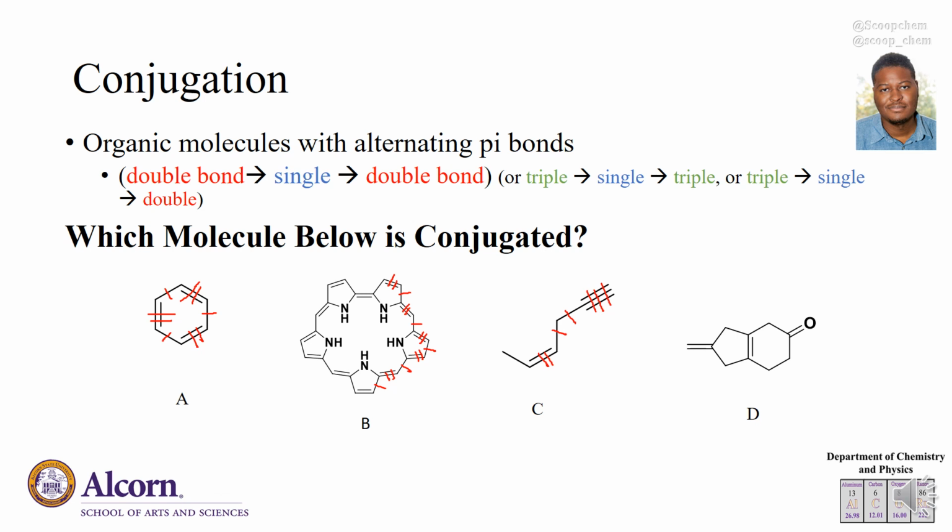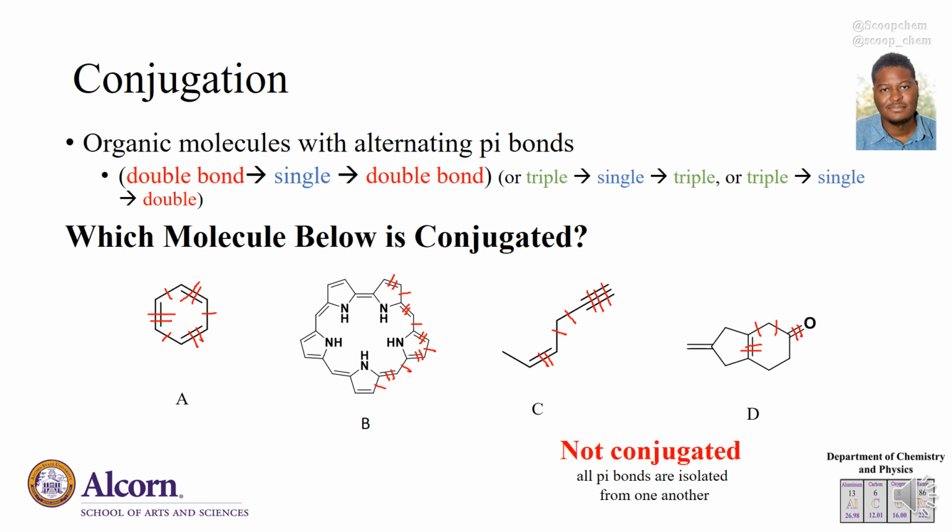And if I look at molecule D, there's another pi bond in this double bond to oxygen, right? I can go single, but there's still another single before I get to this double bond, right? So these 2 systems here at the end are not conjugated. The pi bonds are instead isolated.